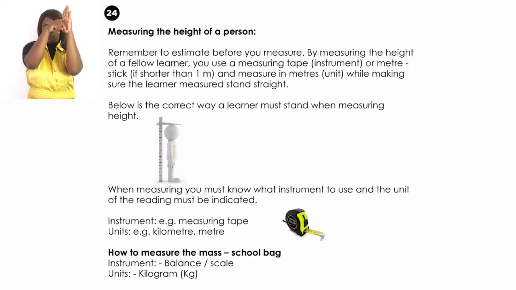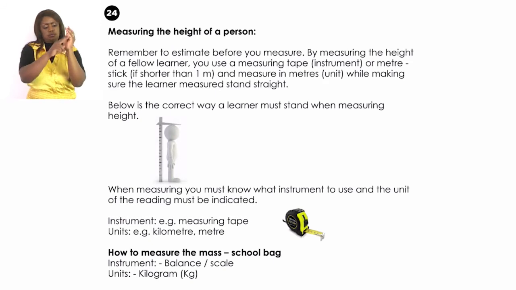Below is the correct way a learner must stand when measuring the height. There is a picture which demonstrates how one should stand. Then we need also to look at the instrument.